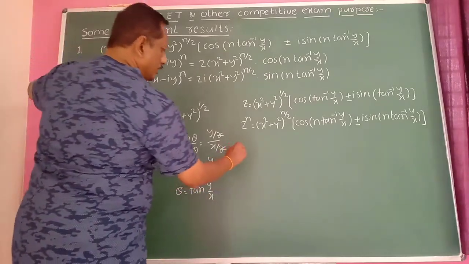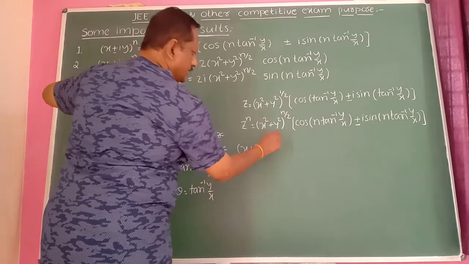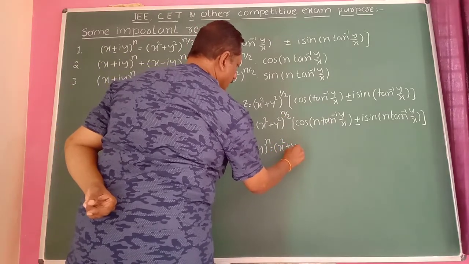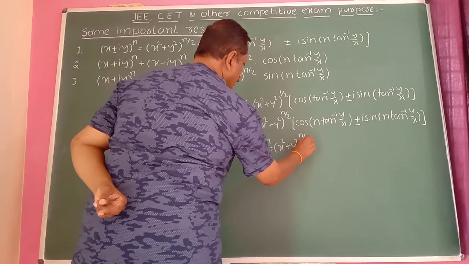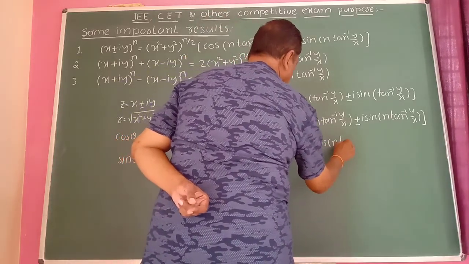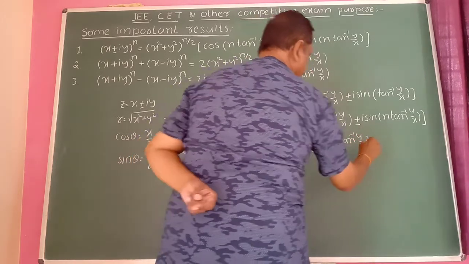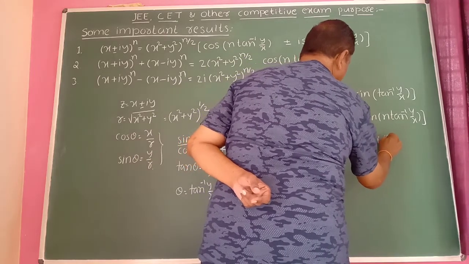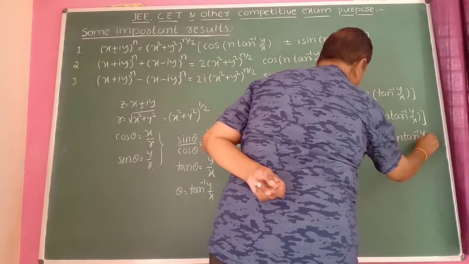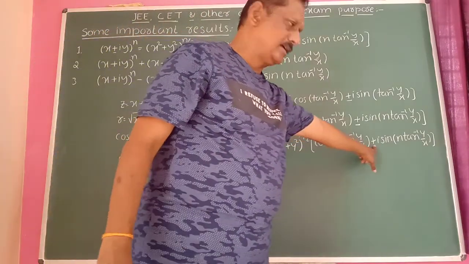So x plus i y whole raised to n is equal to, according to this z, x square plus y square raised to n upon 2 into bracket cos of n tan inverse of y divided by x plus i into sin of n tan inverse of y divided by x. So it is a plus here.